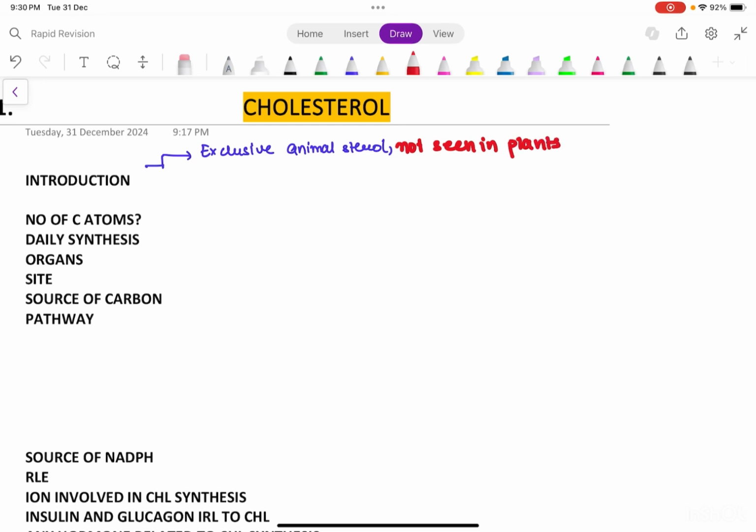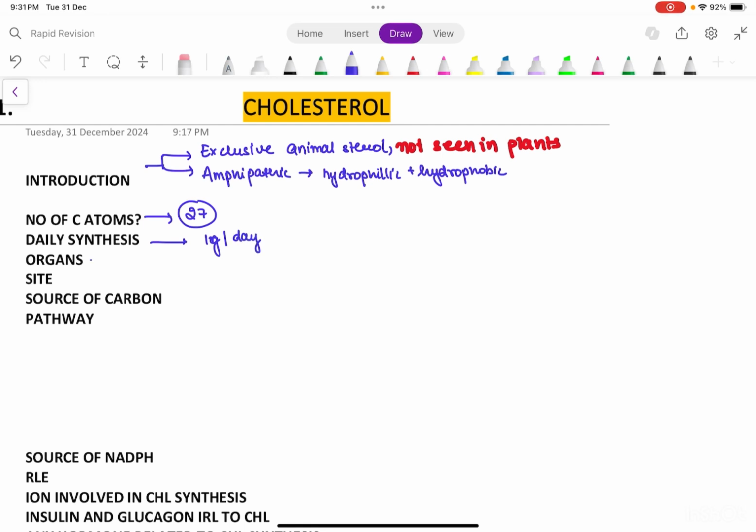All right, then coming on to the next point, you need to remember that it is amphipathic. Cholesterol is amphipathic. What is meant by amphipathic is hydrophilic plus hydrophobic. It has both the natures. Now, how many carbon atoms are present in cholesterol? There are 27. Daily synthesis is 1 gram per day.